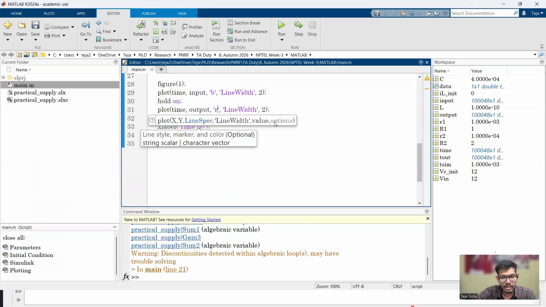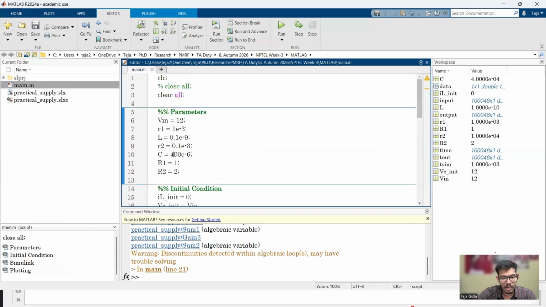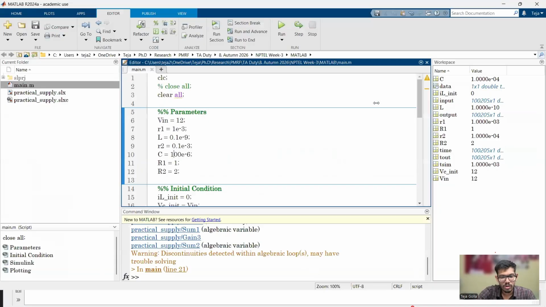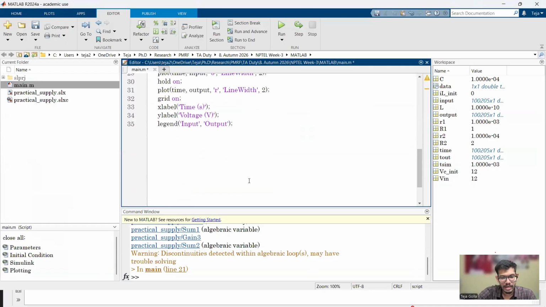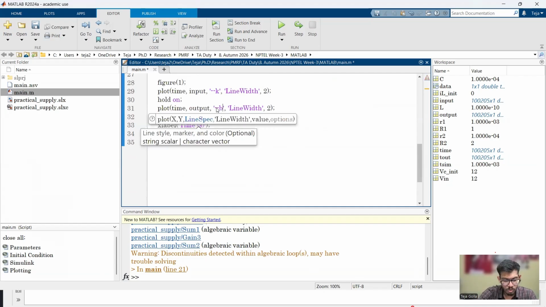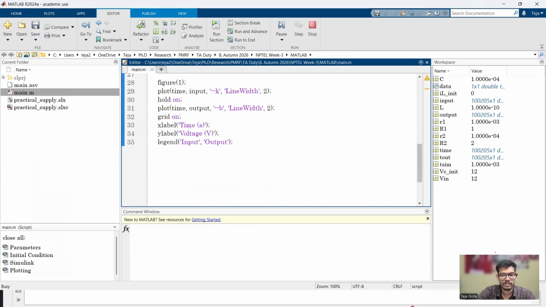Okay, and capacitance was 100. Okay, now I will increase the capacitance to 400, and then I have changed. So this is dash dash black, and this is dash dash blue. So I'll run it again.